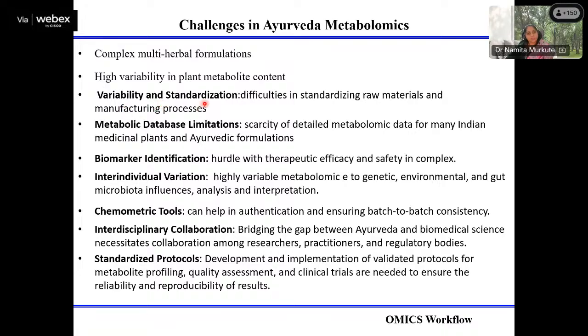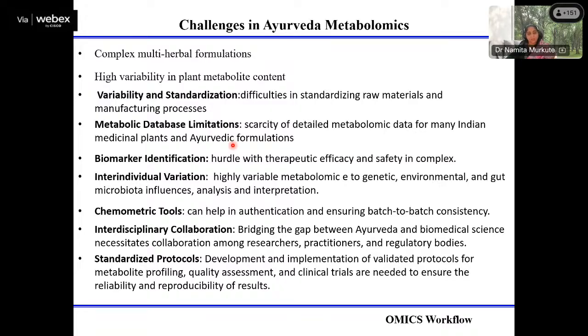Variability and standardization: difficulties in standardizing raw materials and the manufacturing process. This can be done by using mass specs. Metabolic database limitations: there are many chemical compounds present, and we do not have the mass spectra of every chemical compound. There are unknown chemical compounds also. So this is the limitation of the database. If you don't know that compound, how will the spectra be present in your mass spec database?